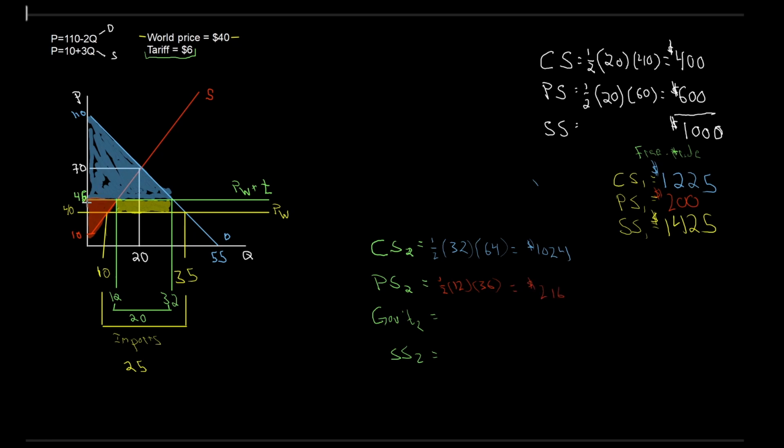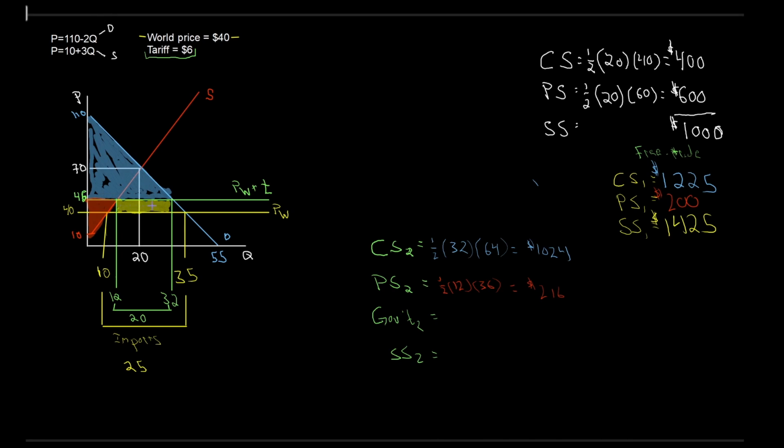So hey, by putting in this small tariff, we see in relation to the free trade, producers are a bit better off, 216, but still worse off compared to our domestic scenario. And that will always be the case. There's no way we can have trade and have the import industry doing as well as they would have domestically. It goes against the idea of them being the import industry.